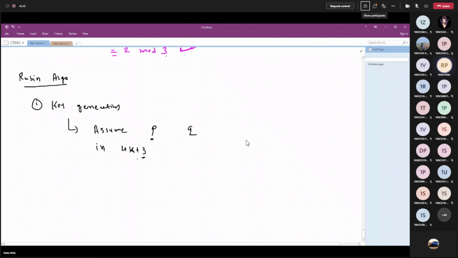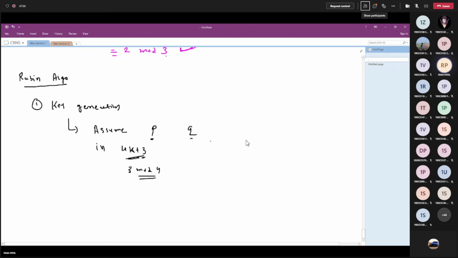We will select P and Q, and I will let you know that yes, this is satisfying the 4k plus 3 condition. So the very first restriction is you need to assume P and Q in such a way that they are congruent to 3 mod 4, or you can say 4k plus 3.